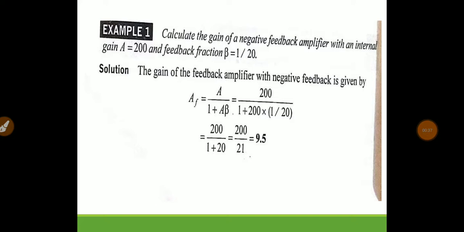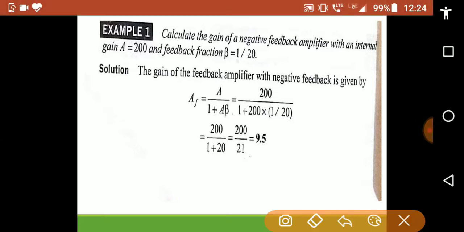So the first question is, calculate the gain of a negative feedback amplifier with internal gain, meaning the open loop gain, A equal to 200 and feedback fraction beta equal to 1 by 20.